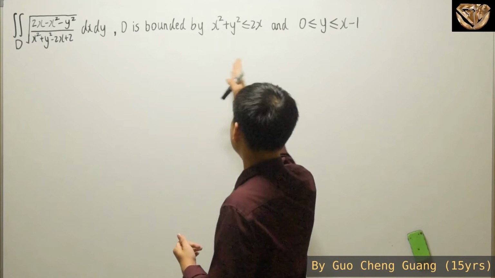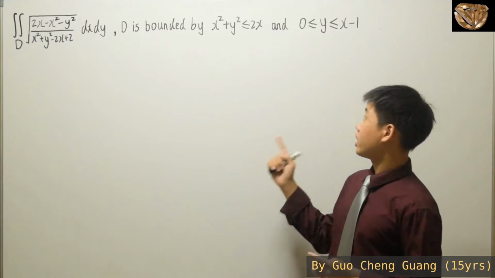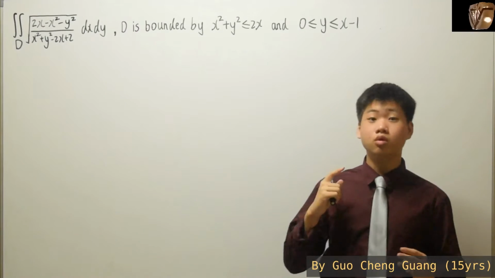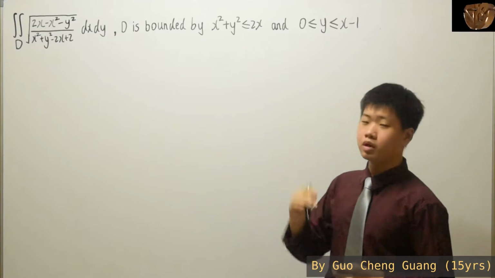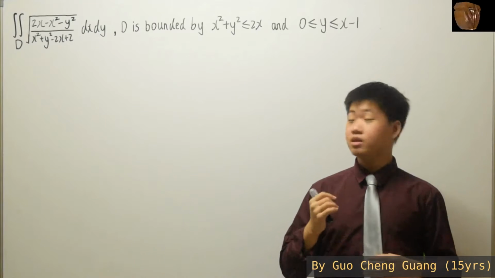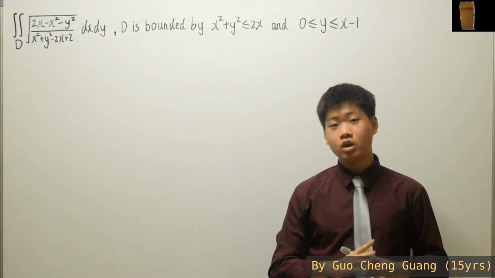Firstly, we will have to know what this boundary looks like. Starting off with x squared plus y squared smaller or equal to 2x. If you have learned a little bit of circle equations, this would probably not be that hard to draw.